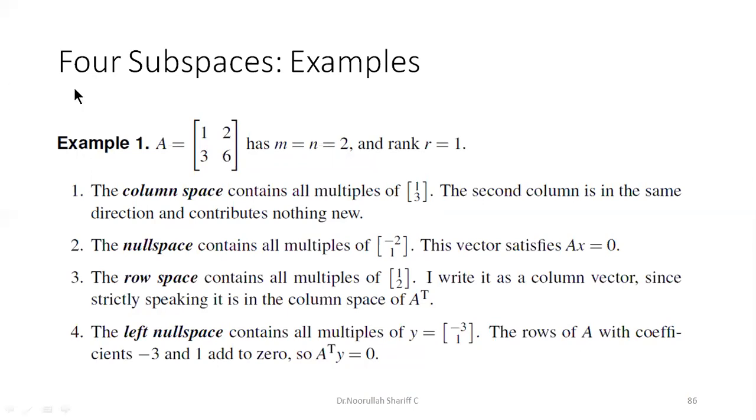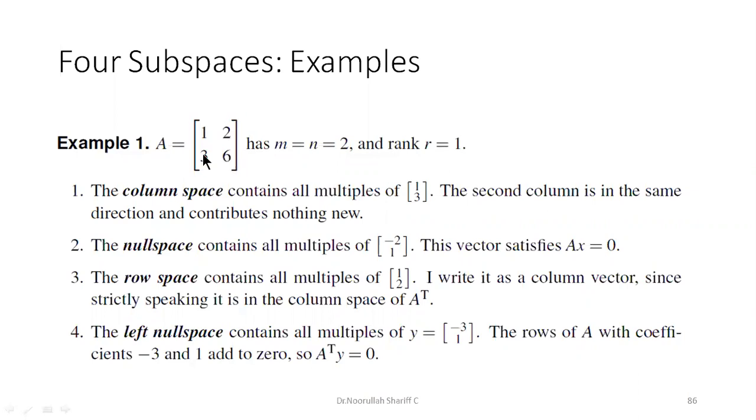But if you take a submatrix of this A, it can be 1, or 2, or 6, or 3, each having its own determinant, and that will give a non-zero determinant, and hence the rank is equal to 1. The way to find rank is to first take the determinant of the matrix itself.